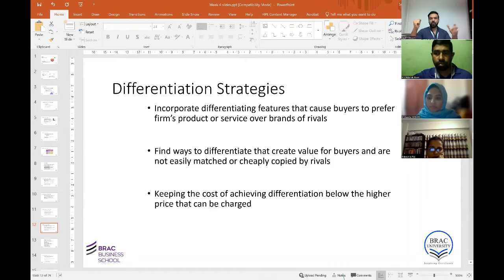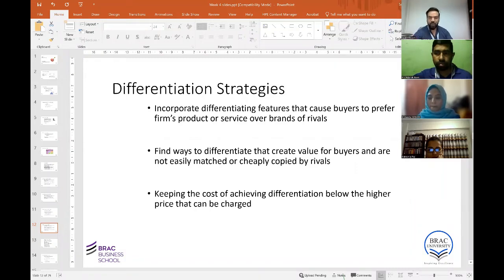So now they're trying to differentiate themselves with different strategies. They're offering some value-added services, like you can pay your bill, or you can get some SME loans, or different features like health service or health insurance, something like that. So these are clearly some reflection of differentiation strategy.